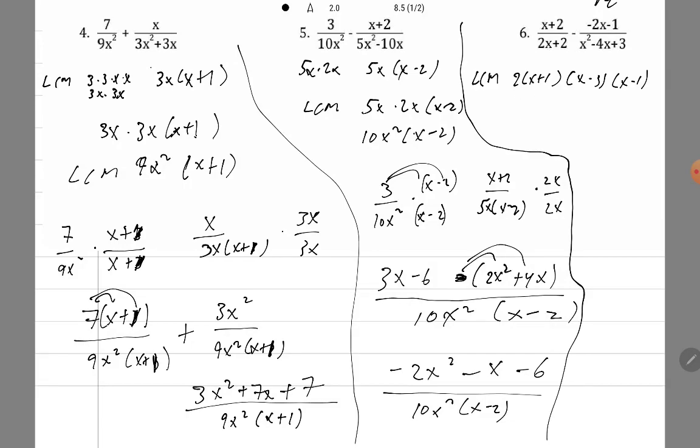So on the top, we're missing x minus 3 and x minus 1.